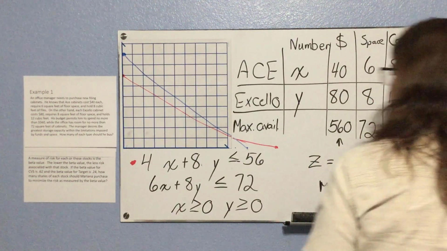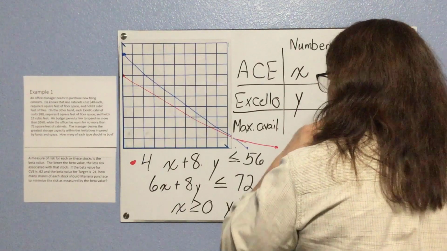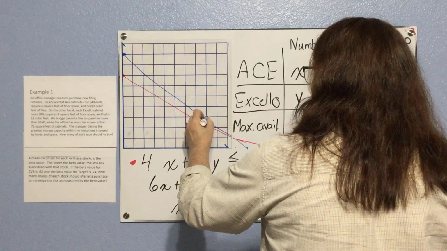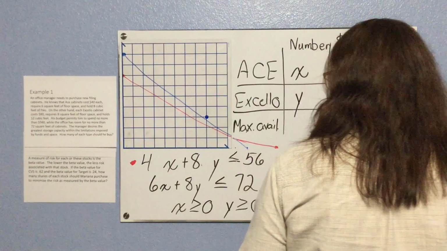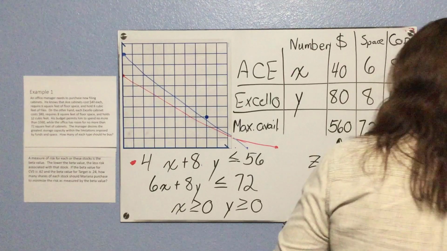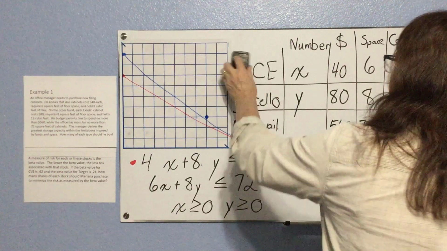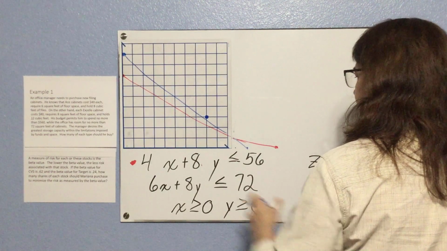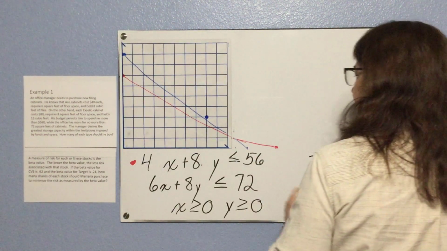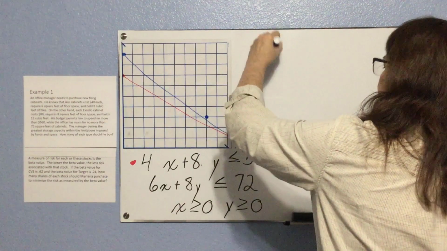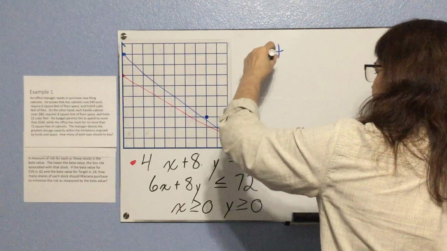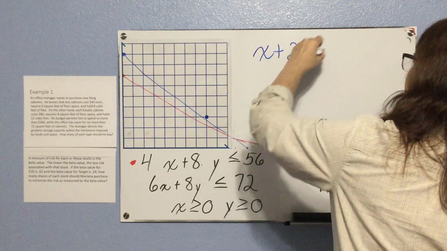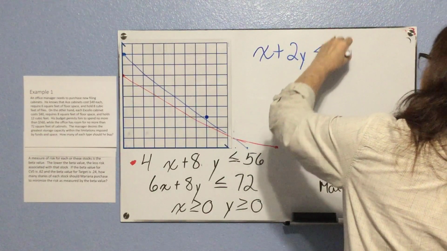And if I had drawn this a little more accurately, the lines would have crossed at this point. And what is that point? Let's see if we can figure it out. I'm going to reduce these again as much as I can. So I have x plus 2y less than or equal to 14.